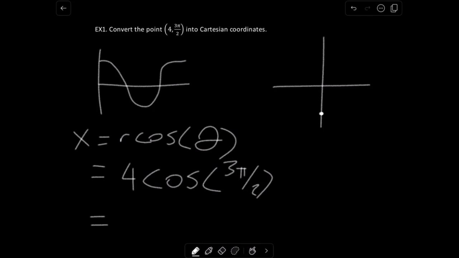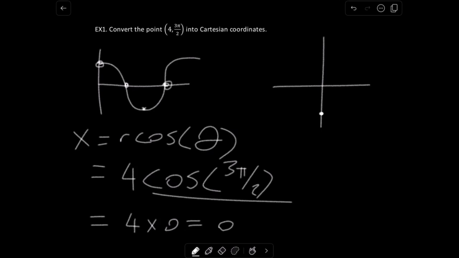And I remember that all the important points go in steps of pi over 2. So 0, pi over 2, pi, 3 pi over 2. Cosine 3 pi over 2 gives us a y value of 0, so 4 multiplied by 0 is equal to 0. So x is equal to 0. So far, so good.